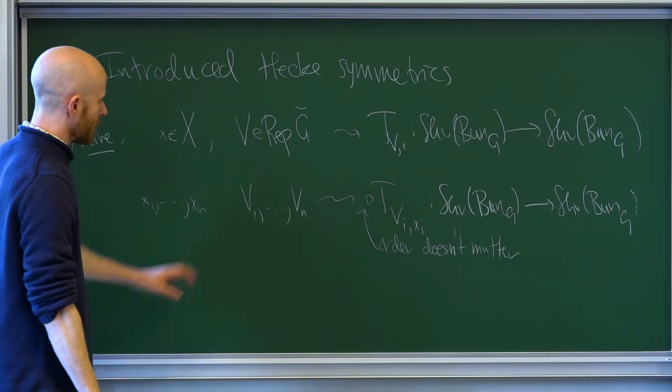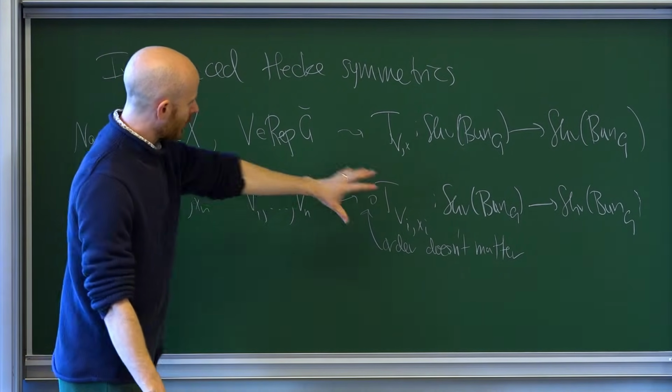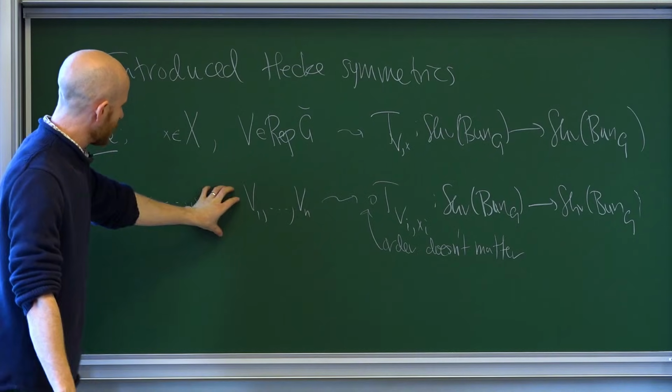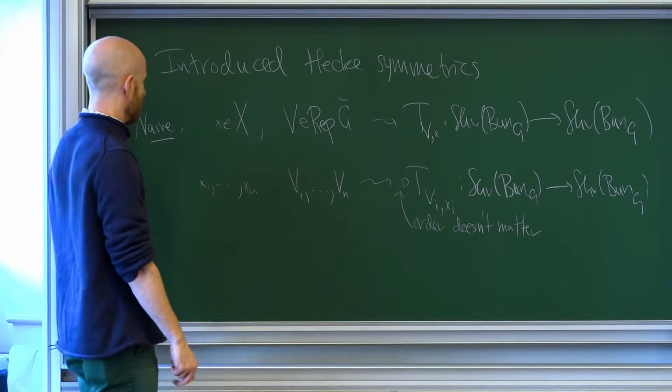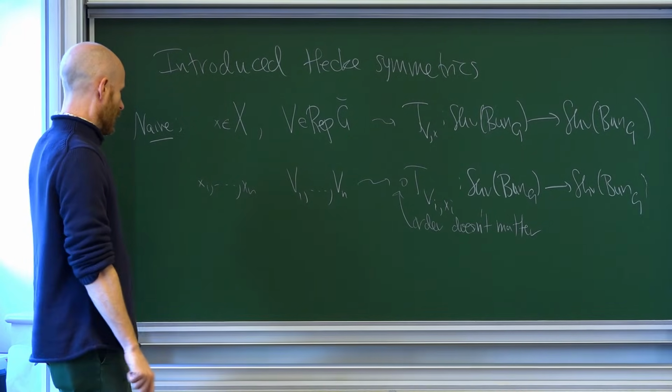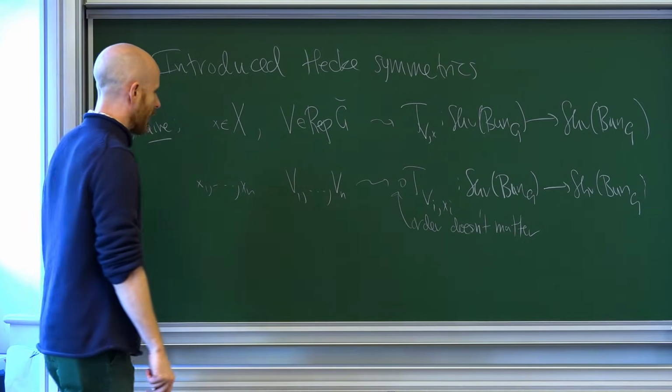And I also said that you can take a construction like this and weight it by a constructible sheaf, or just any sheaf in the variables x1 up to xn, and then integrate that out.